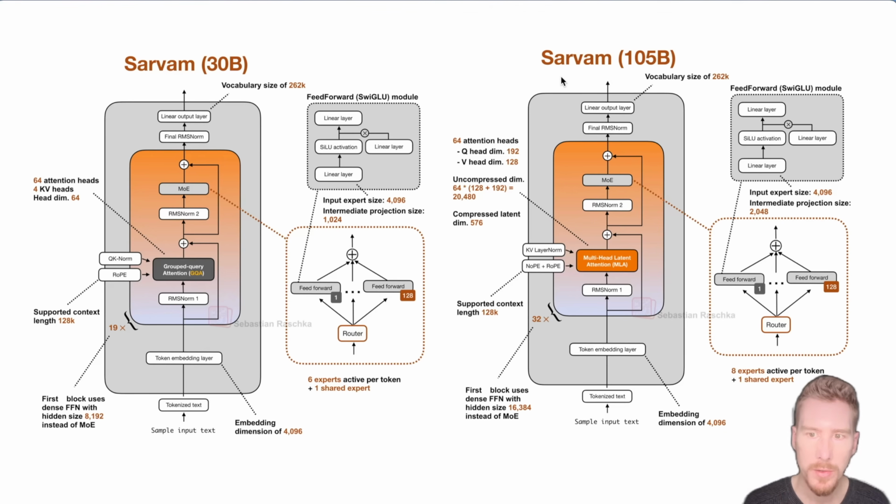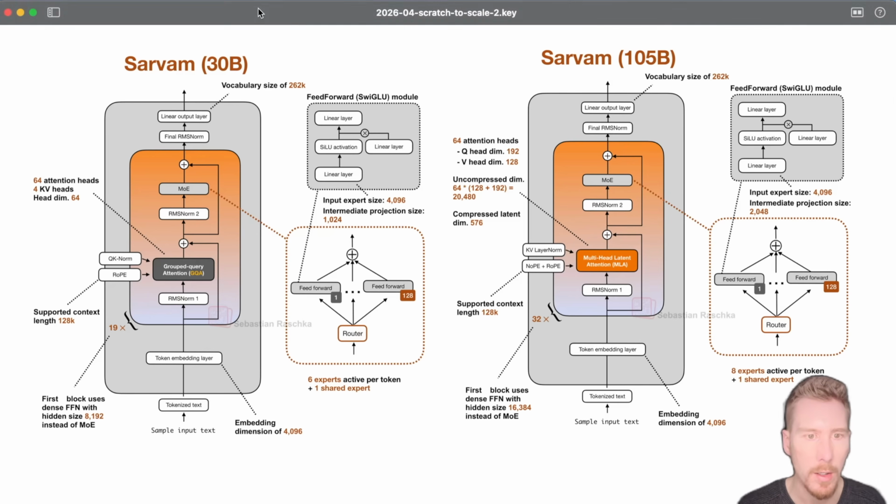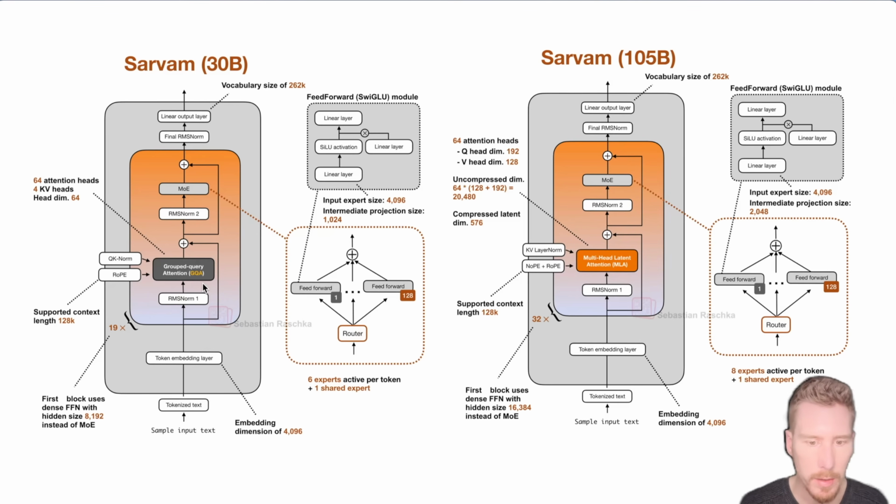And there's a certain model size where GQA is basically performing similarly well, if not better. So it's not universally true that MLA is always better. It's usually better if you have larger models, like in this case, 100 billion parameters or larger. But if you are working on smaller models, GQA might be just fine.